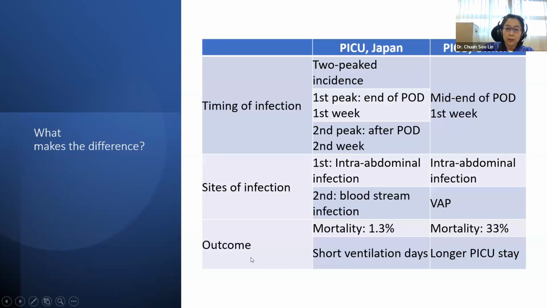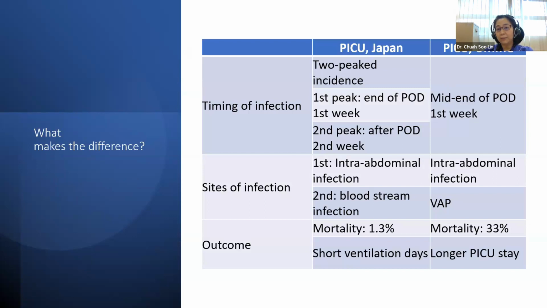So now we come to the infection patterns and the outcome. We could see that we have quite a difference in the pattern of infection, except that intra-abdominal infection has the highest incidence among the site infections.